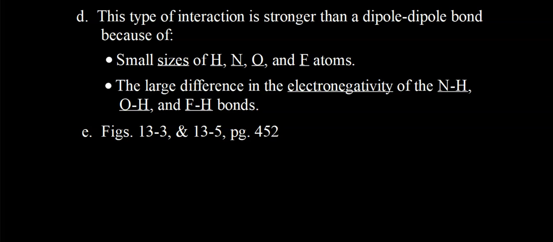Graph at the bottom of page 452. This is a very important graph. I've seen this multiple times on standardized tests. We're showing a trend in boiling point. As molecular mass increases, the general trend is an increase in boiling point.